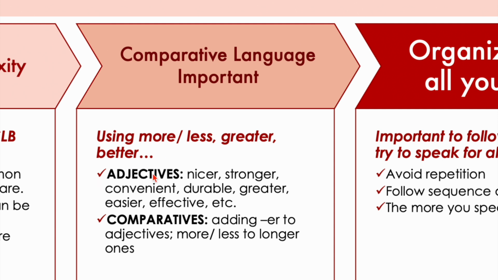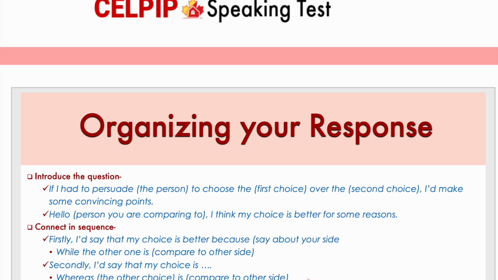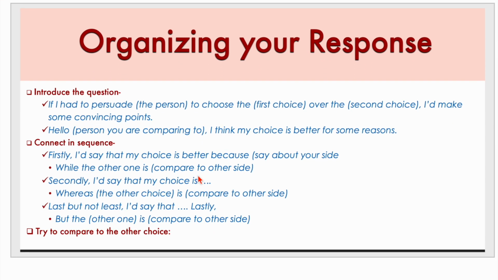So we are going to try to use sentences with that. And then also, we should try to use some organization. And I'm going to use some of these words here to start the sentences, okay?